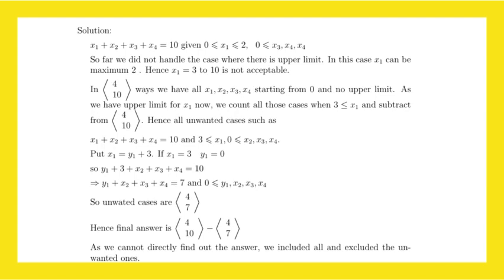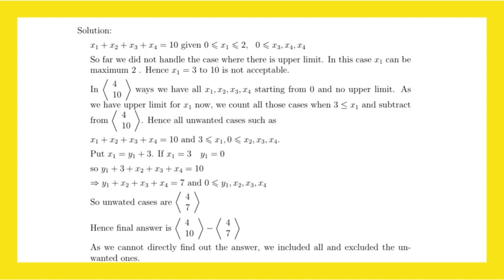That is the strategy we will use, because we can very easily handle the lower limit, and therefore all unwanted cases will be x1 plus x2 plus x3 plus x4 is equal to 10 and x1 is greater than or equal to 3. x2, x3, x4 are greater than equal to 0. So this answer we can find out.